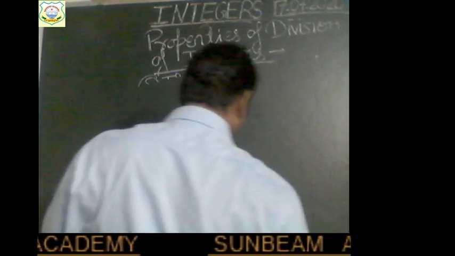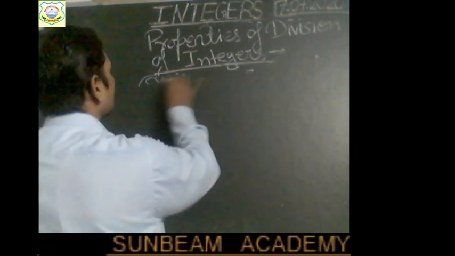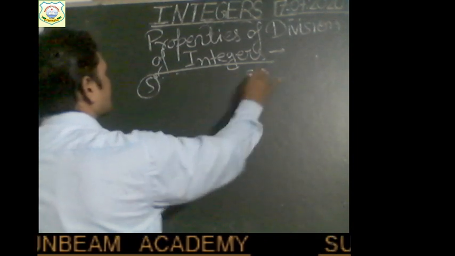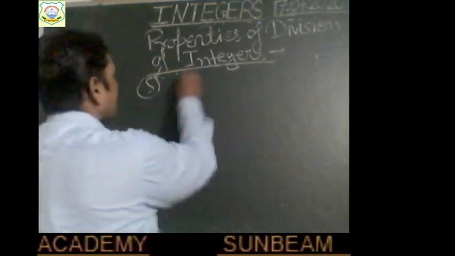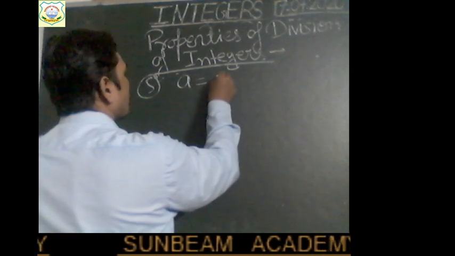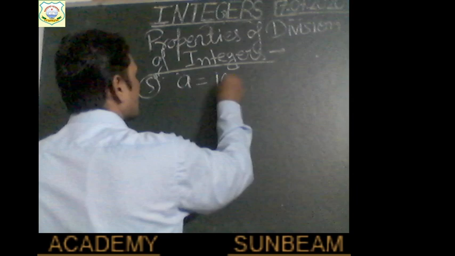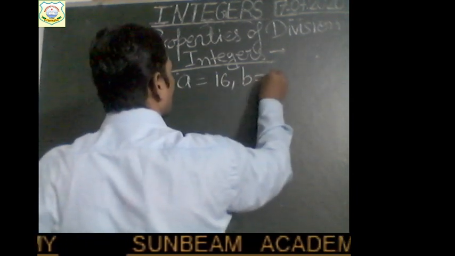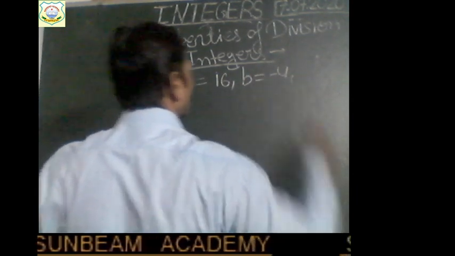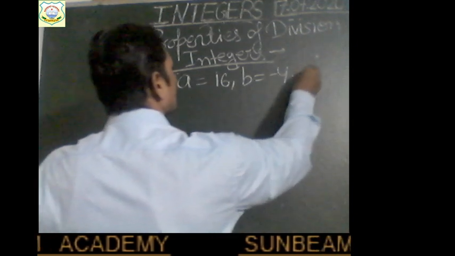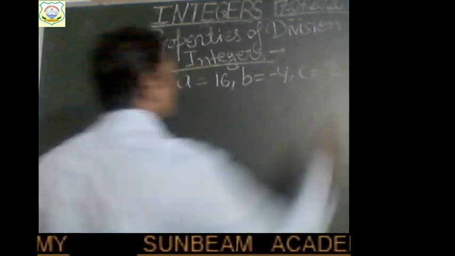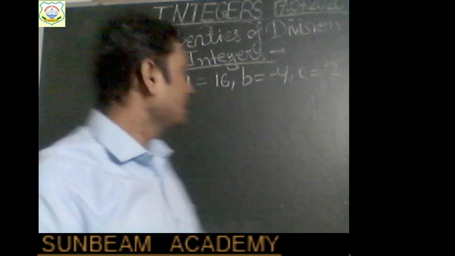Suppose, children, A equal to 16, B equal to minus 4 and C equal to 2. Okay.